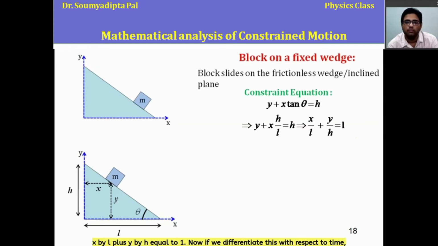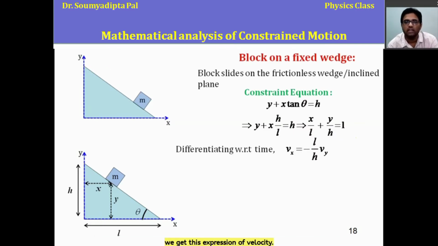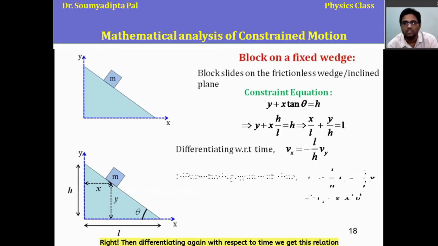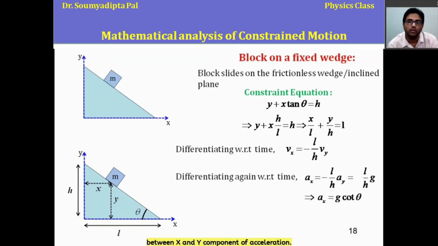Now if we differentiate this with respect to time, we get this expression of velocity, which is the relation between the x component of velocity and the y component. Then differentiating again with respect to time, we get this relation between the x and y components of acceleration.